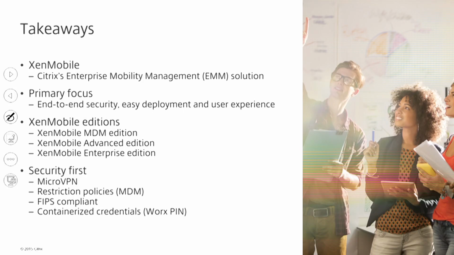When it comes to XenMobile editions, we discussed XenMobile MDM, Advanced, and Enterprise. The Enterprise is obviously the best choice because you can also get access to ShareFile and manage whether you want to have your documents on premises or in the cloud, if that's the case.